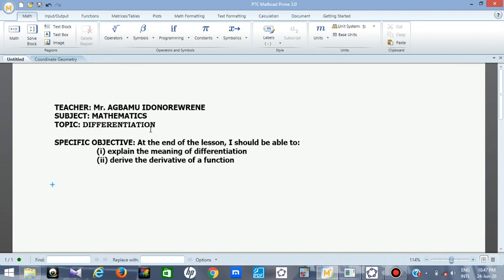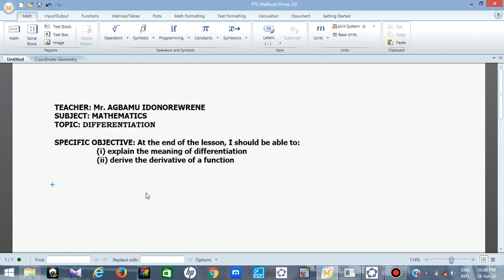In mathematics or in general science, we have situations whereby a particular quantity will change with respect to another quantity. If you recall what we did in our previous class in coordinate geometry, when we were talking about gradient, you will observe that when one of the quantities is changing, it will affect the other quantity.